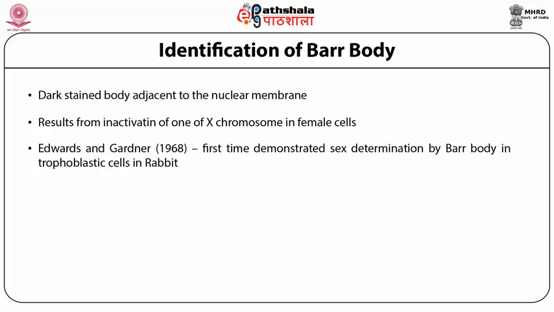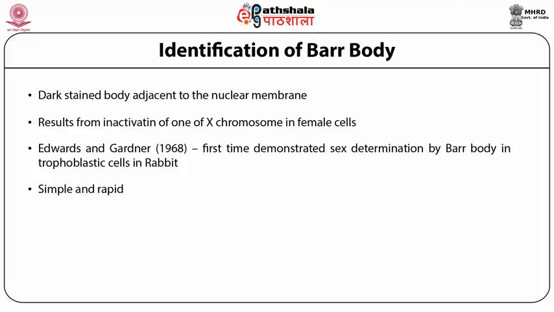The advantage of this method is that it is a simple and rapid technique. Disadvantage: the granular nature of the cytoplasm prevents the detection of the Barr body. All cells may not have Barr bodies. The presence of Barr body depends on the stage of the cell and the direction of the cell during fixing.